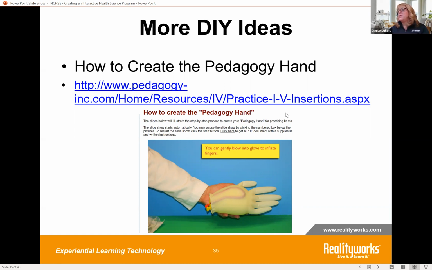So this again is at the link that you see above, and they do a good job of explaining just how to do it. And it looks like none of the materials are difficult to find. So that might be one that you also have some success with and fun creating.